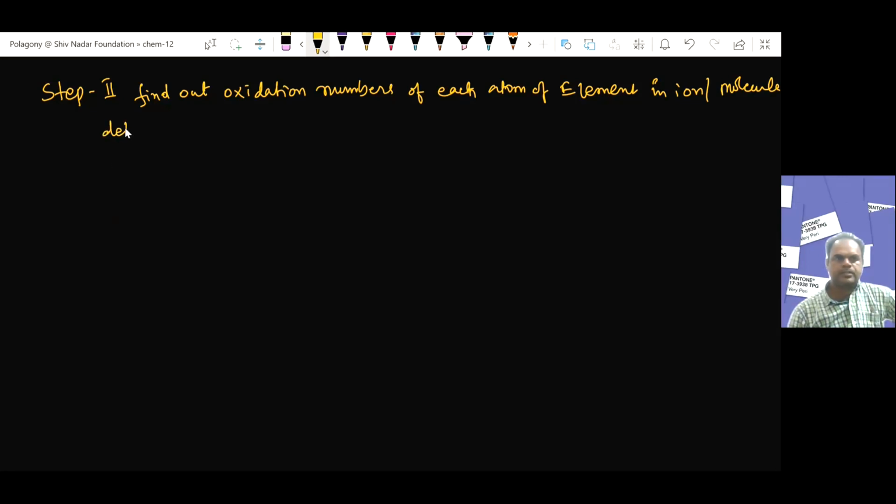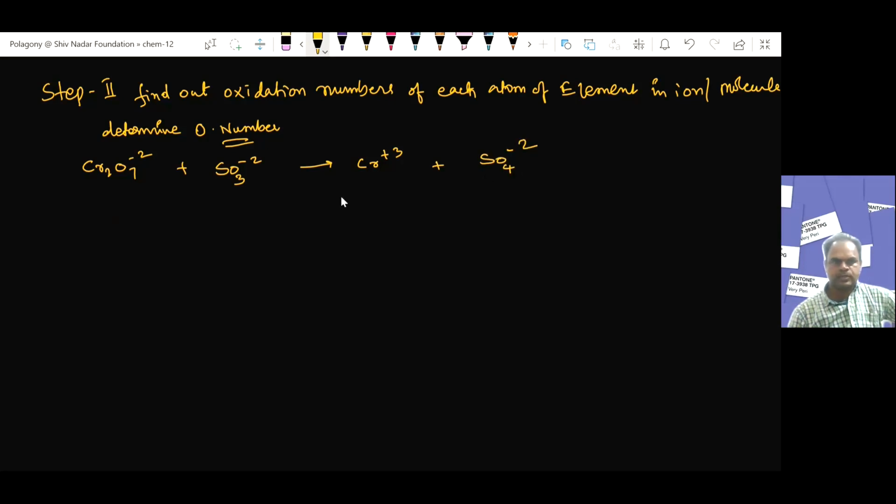That means determine the oxidation number of each species in the skeleton equation. So let us write Cr2O7 -2 plus SO3 -2 changes into Cr +3 plus SO4 -2. This is the ionic equation.